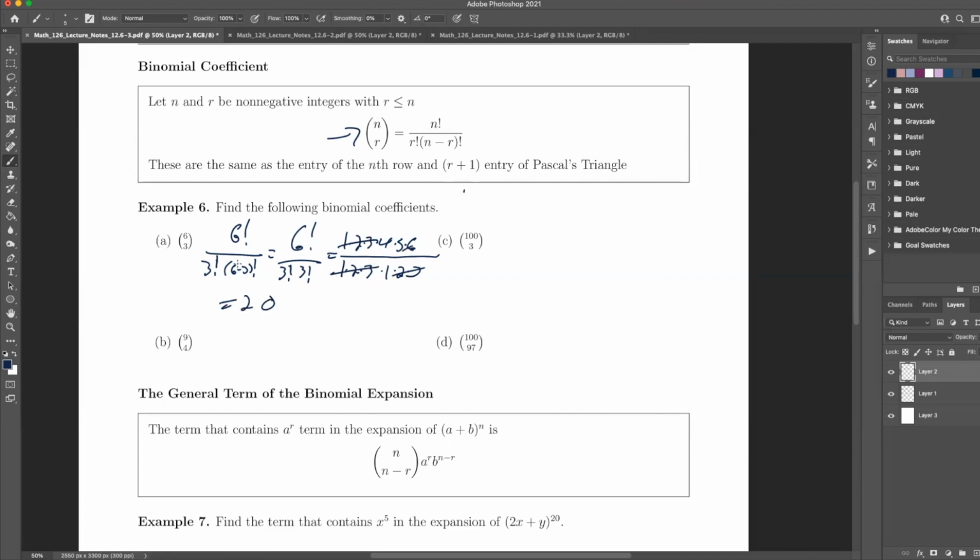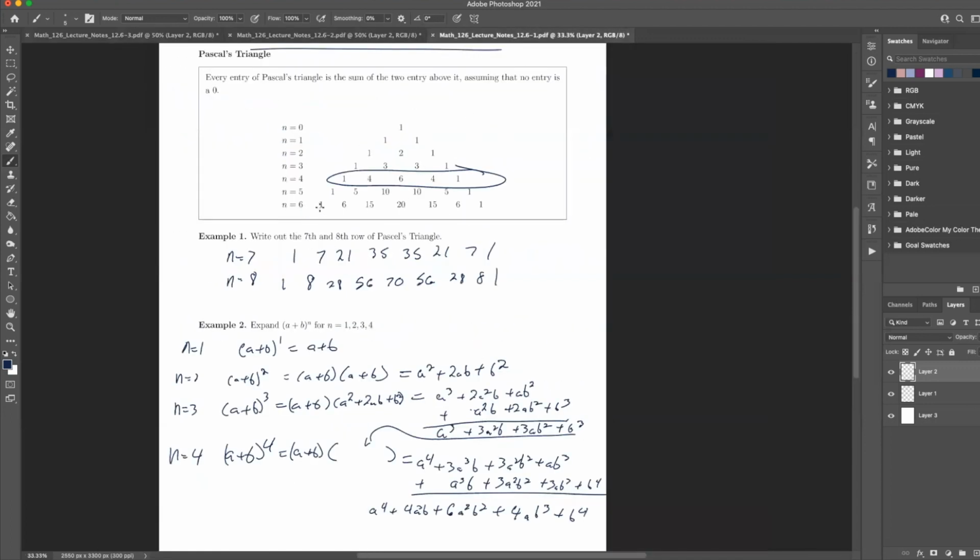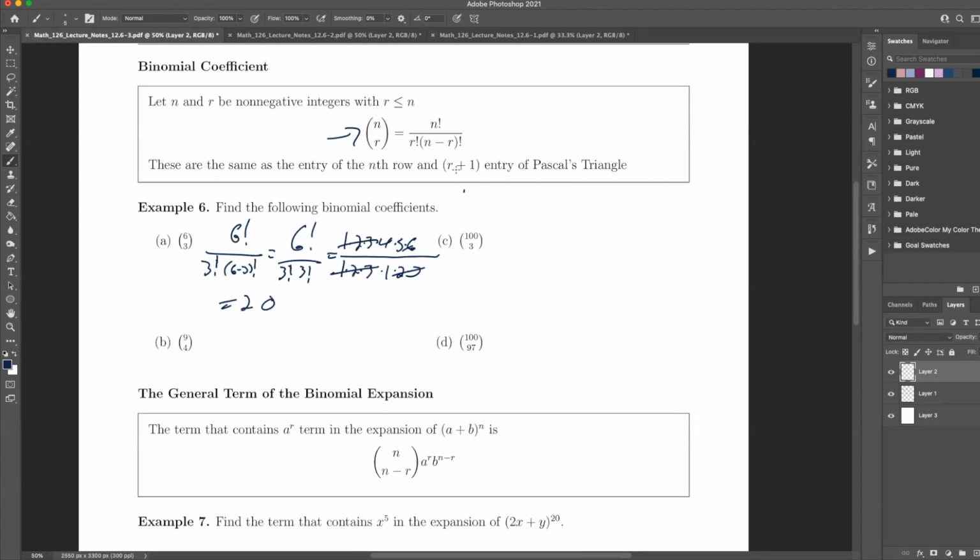Now, is 20 in the triangle? If we walk to the 1, 2, 3, 4th, or the r plus 1 entry, it is also 20. And so this is how you can compute, say, the 5th entry in the 9th row.